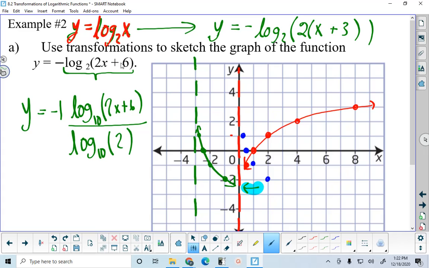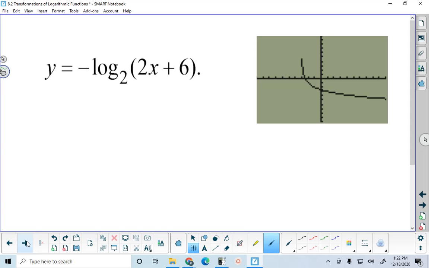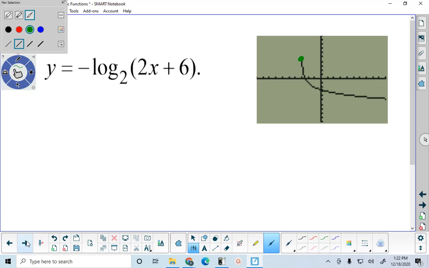I don't want to spend our time together doing this, but if you put that in for y1, you do not get something that looks good. You get this. And it's really deceptive. What this deceives you into believing is that when you graph that on your calculator, it starts right here. And it doesn't. There's an asymptote here. Your calculator just can't cope with it.